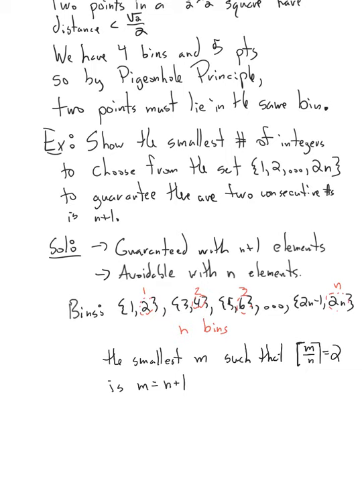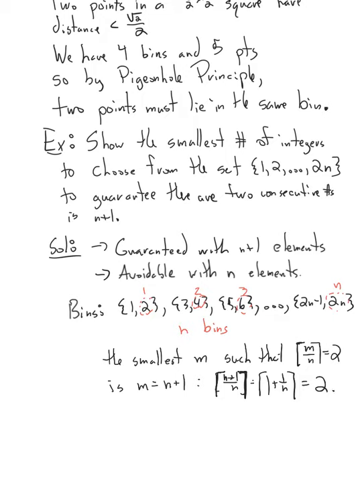Anything bigger than n over n is going to give you a bigger number than 1, so it's going to get rounded up. So the ceiling of n plus 1 over n is the same as 1 plus 1 over n. That gets rounded up to 2.